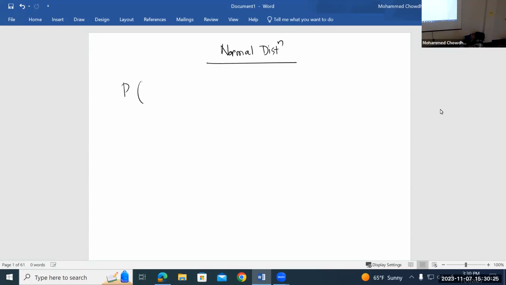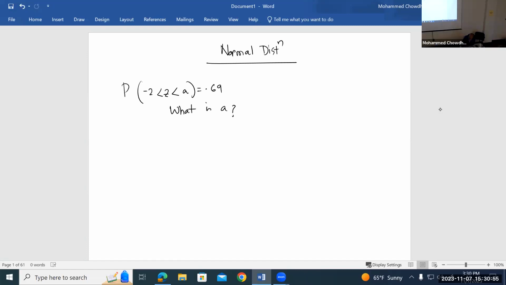Now we want to solve: the probability of -2 < Z less than or equal to a equals 0.69. Then what is a? This is the question. How can I find the value of a?